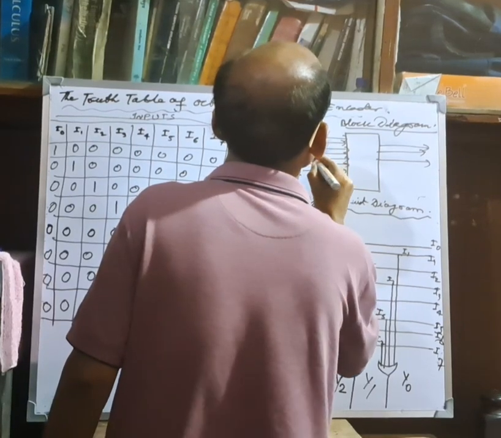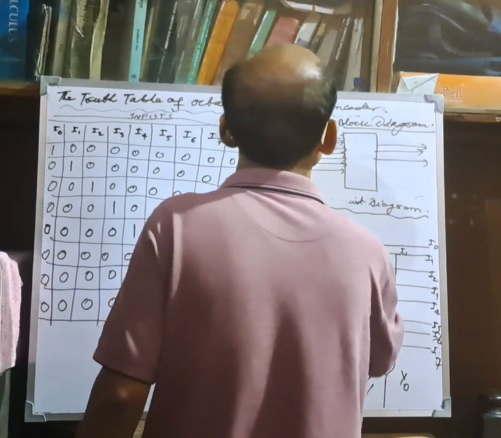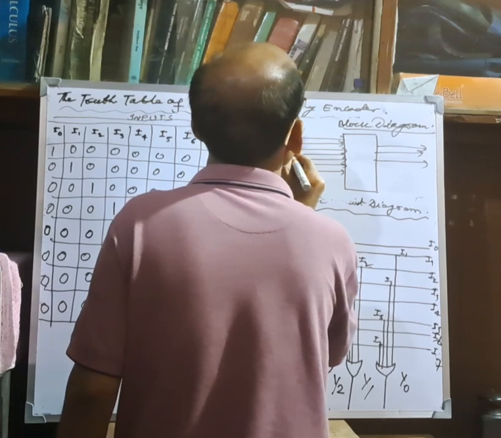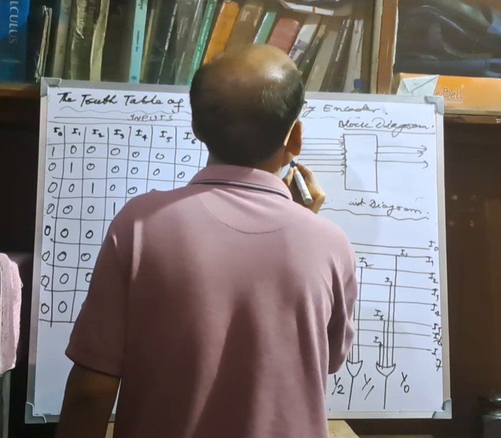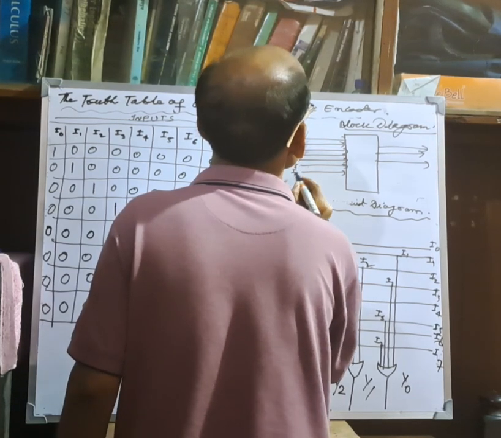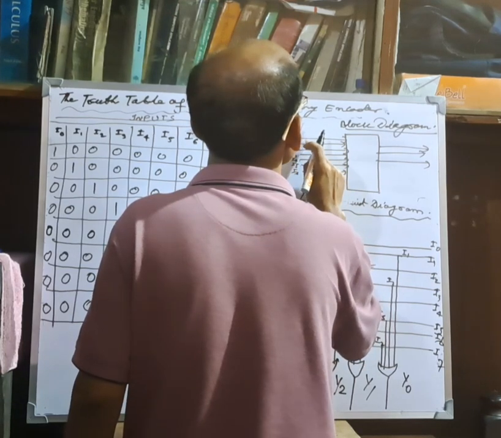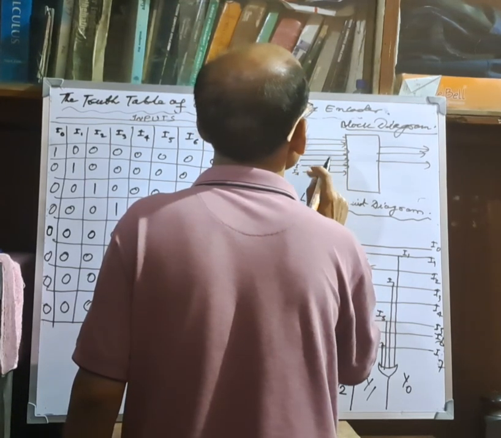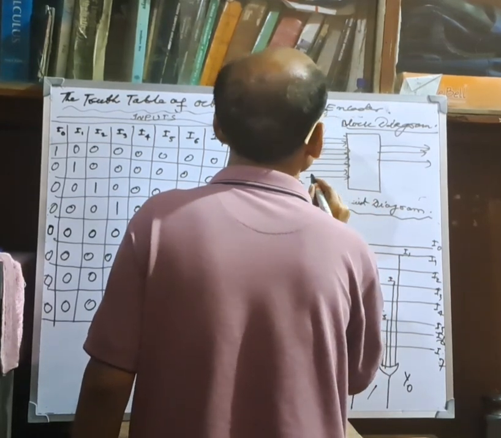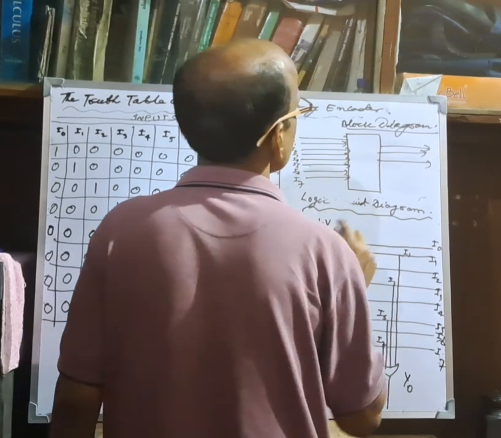1, 2, 3, 4, 5, 6, 7. I0, I1, I2, I3, I4, I5, I6, and this is I7. 1, 2, 3, 4, 5, 6, 7, 8.